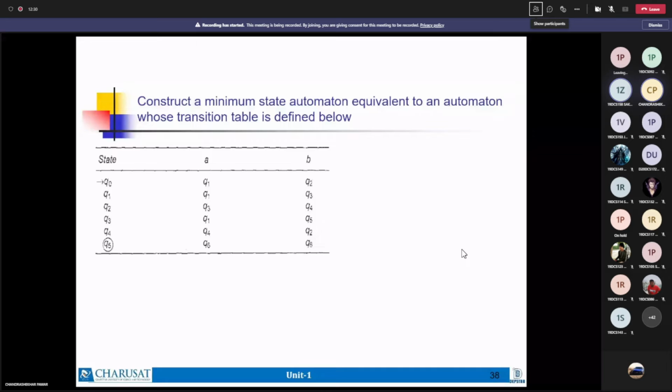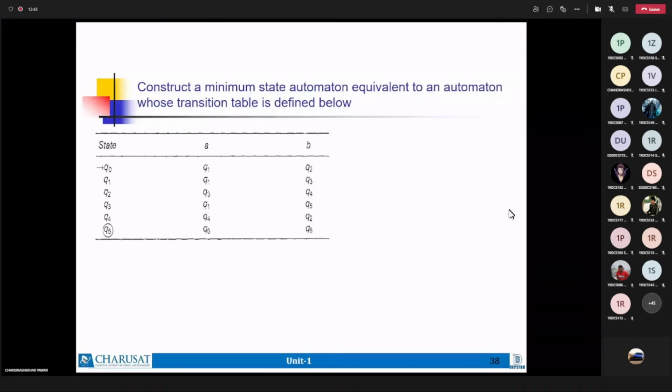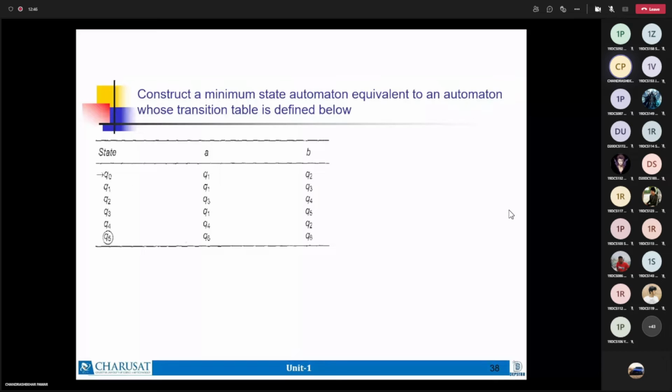So whenever we are preparing a finite automata for any machine designing purpose, if due to some limitation we need to minimize the number of states, how do we do that?